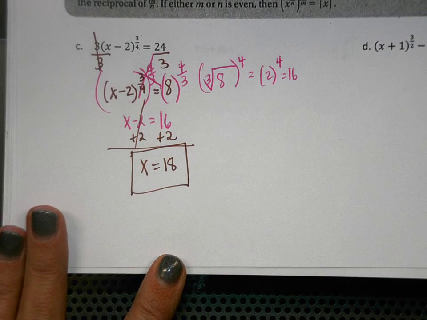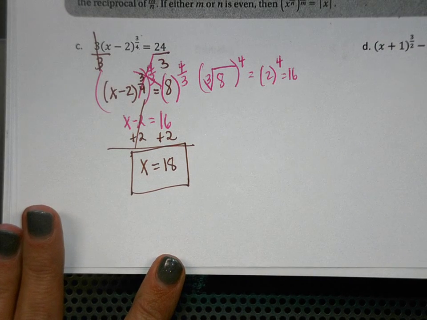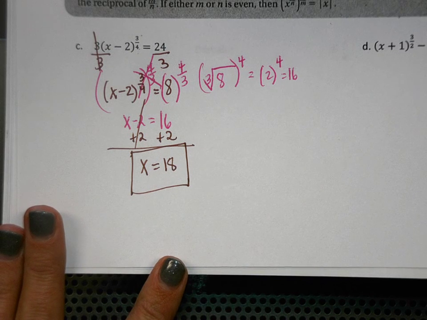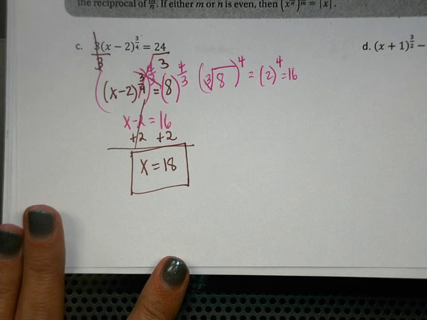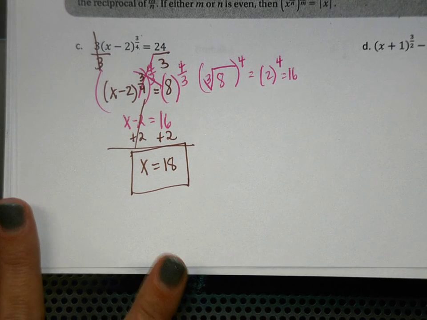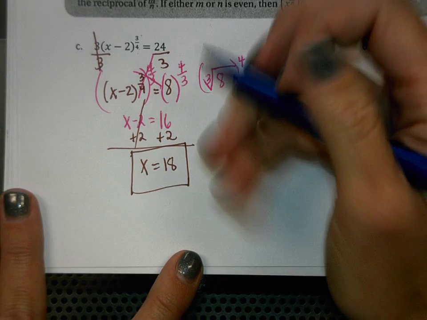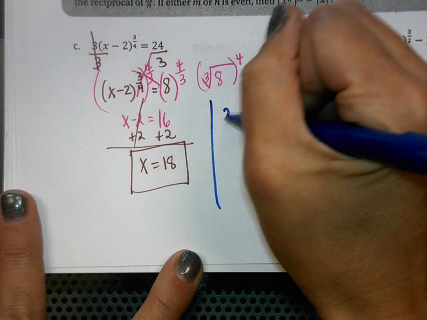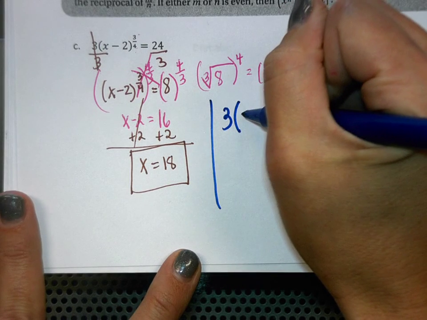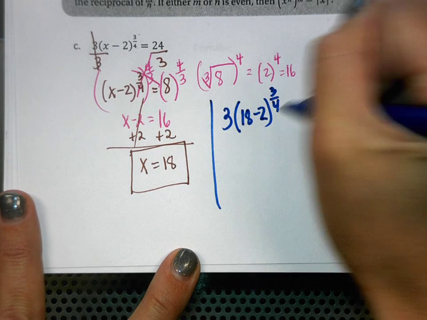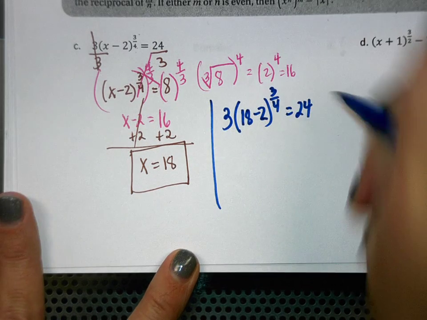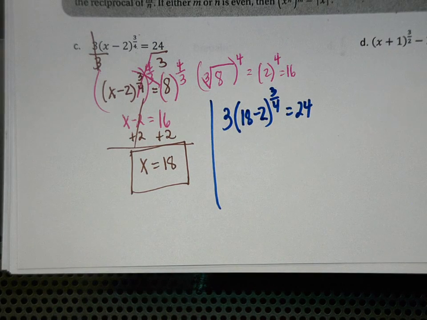All right, and then we can check our answer. Most of the time, when you only have one answer, it's going to work. It's when you have 2 answers that one usually doesn't end up working. So just for fun, let's plug this back in to check it. We have 3 times parentheses 18 minus 2 to the 3/4 power equals 24. You always do parentheses first.